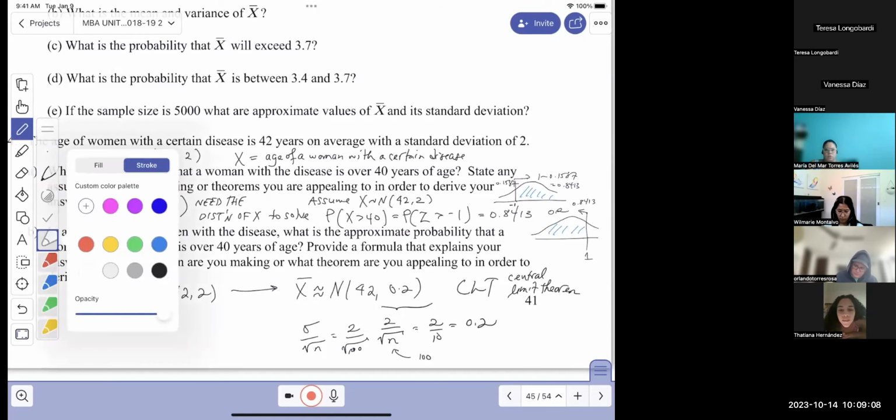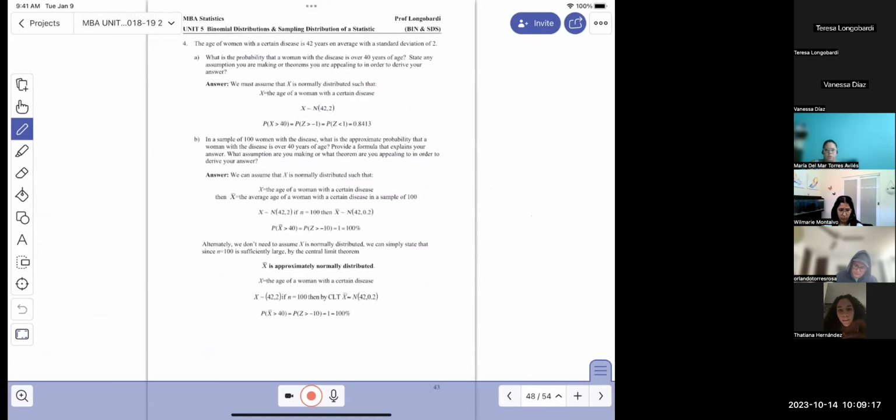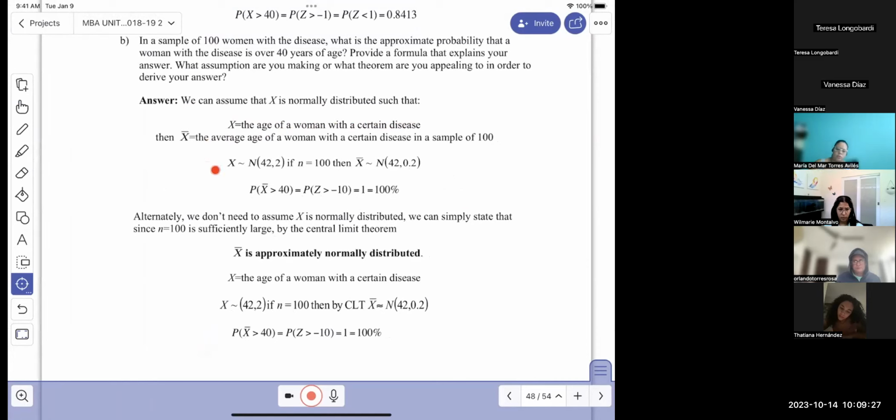Should I write it down? I think I did in the solutions. Let me see what I wrote, so I don't contradict myself. We assume X is normally distributed so that we can solve this.